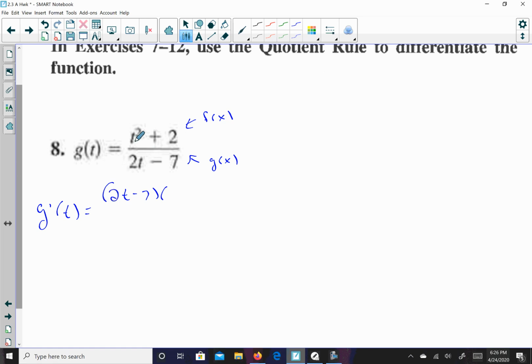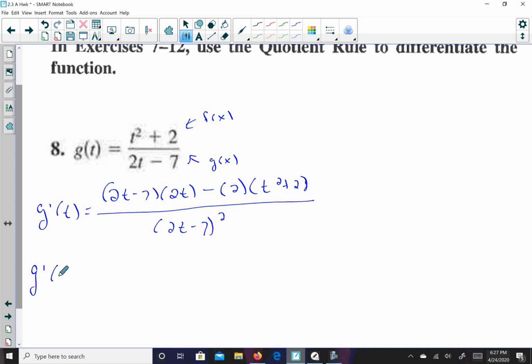Take the derivative of t squared plus 2, which is just 2t. Put a minus sign. Now I'm going to take the derivative of the denominator, which will be 2, and leave f of x alone. So this is t squared plus 2. And this is all over my denominator, 2t minus 7, that whole thing squared.